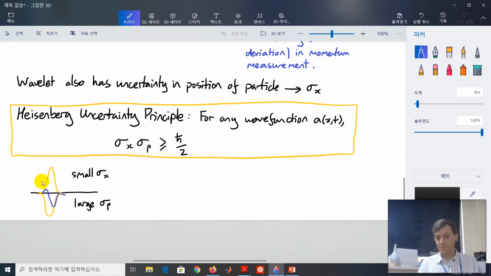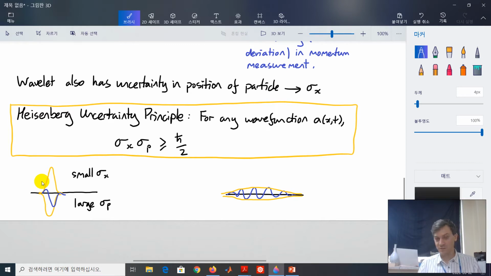On the other hand, if you want to have a low uncertainty in the momentum, then that means you want to have a wavelet which includes many wavelengths, like this. But that means that you will need to have a very long envelope like this.